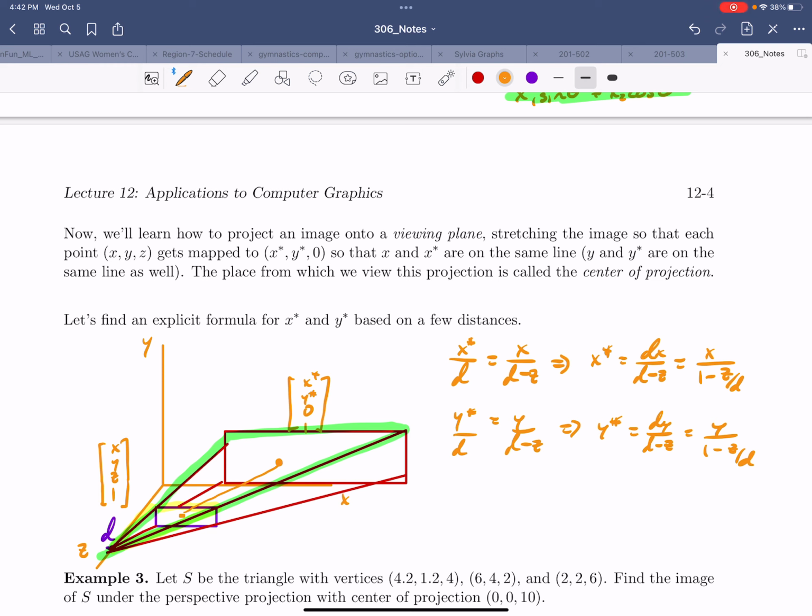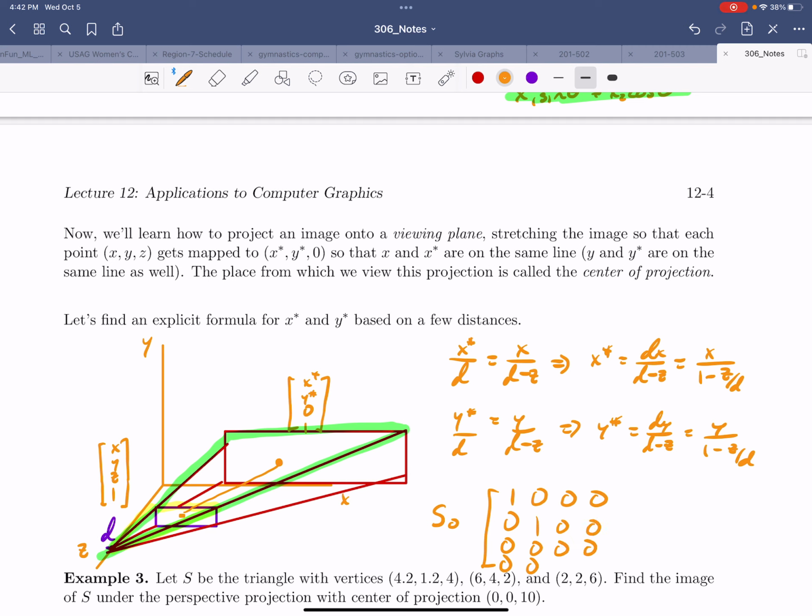Remember, z star equals 0, right? All right, so what that gives is this projection matrix. So what they do in the book, this is clever, is they scale by a factor of 1 minus z over d. So this matrix works out, just so we avoid writing z in our matrix.